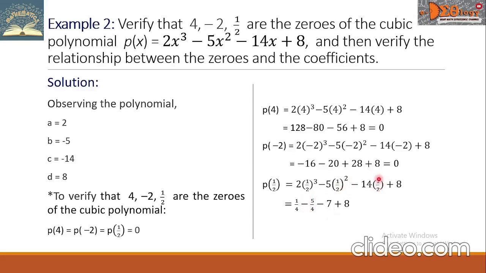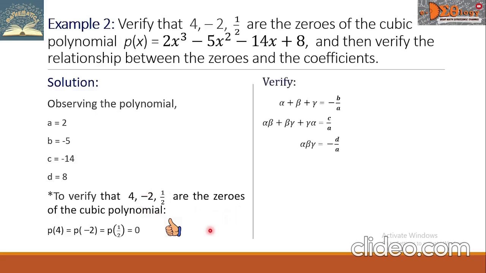Minus the 14 times 1/2 is 7. Then we copy plus 8. When we combine the fraction 1/4 minus 5 over 4, we will get negative 4 over 4. That is equivalent to negative 1. Then negative 7 is here. Then plus 8. All becomes 0. So P of 1/2 is 0. Thus, we are able to verify that 4, negative 2, and 1/2 are the zeros of the polynomial.